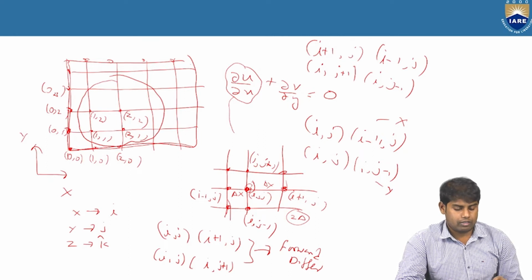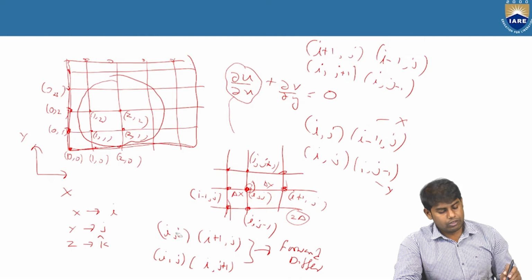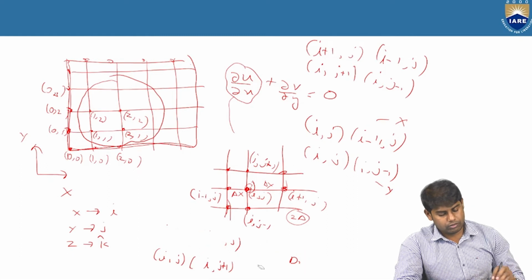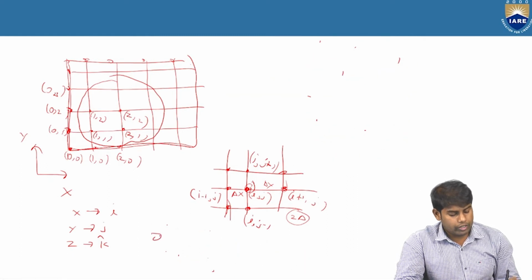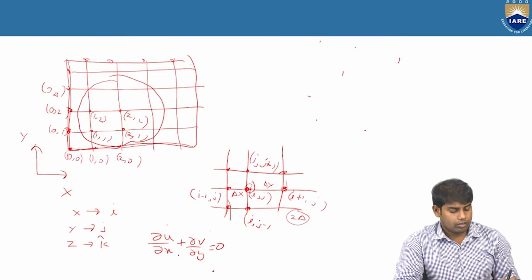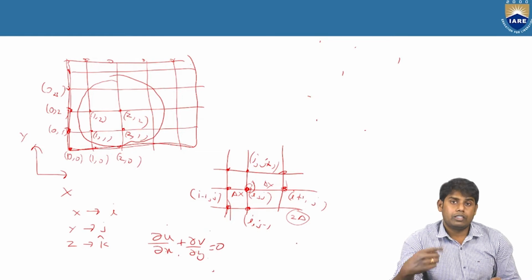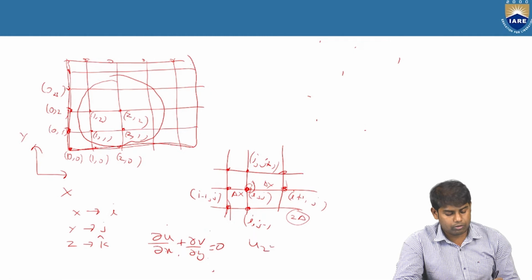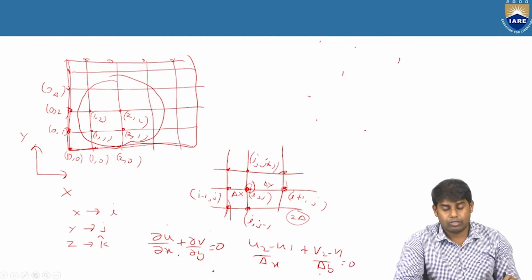Okay. So if we write down du/dx plus dv/dy equal to 0, what we are doing is replacing this. For the crude approximation, you have (u2 - u1)/delta x plus (v2 - v1)/delta y equal to 0. So we are replacing this by index notation.